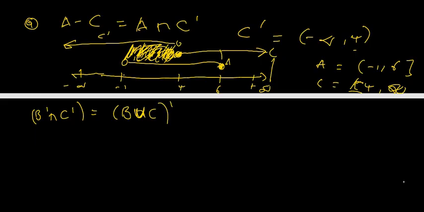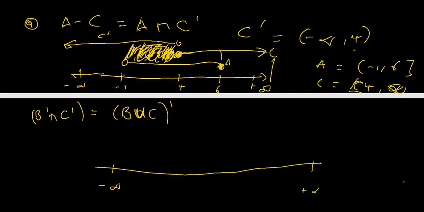Okay, so from here we write our number line, where you have negative infinity to positive infinity.